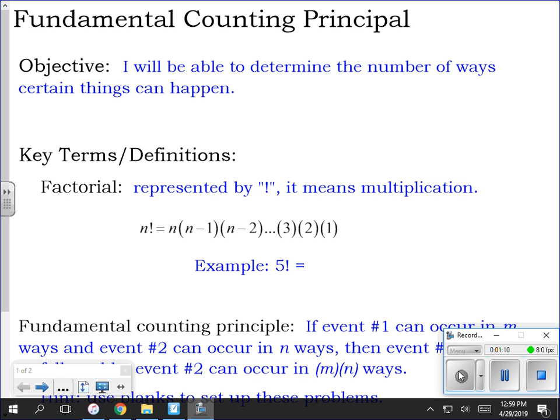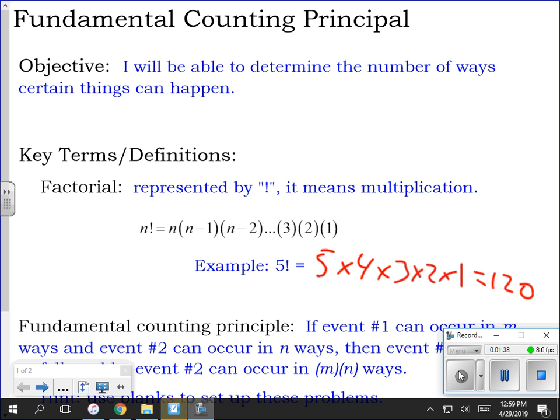For example, 5 followed by an exclamation mark does not mean we say the word 5 with emphasis. 5 factorial is 5 times 4 times 3 times 2 times 1, or 120. Sorry, I had to remember what the number was off the top of my head. Okay, that's what a factorial means.